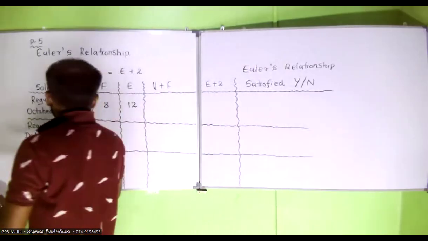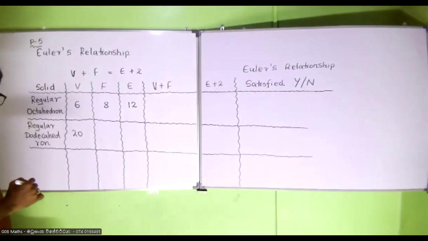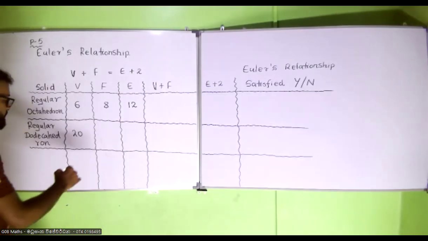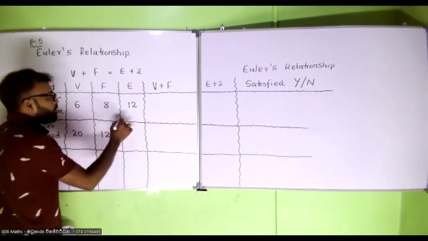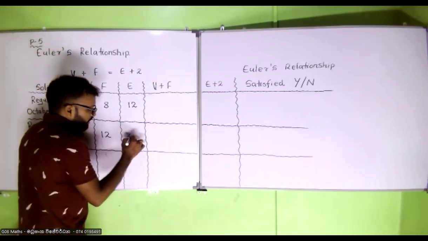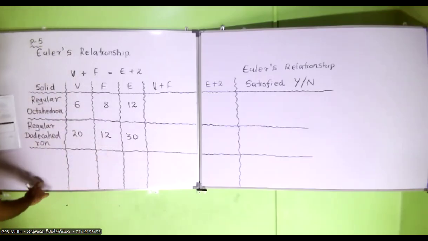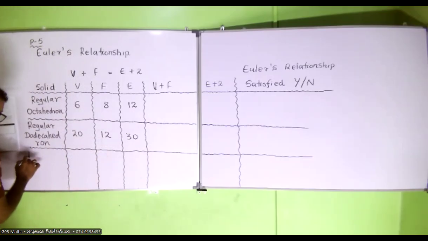Okay. How many faces? 12. Nice. How many edges? 30. Super.